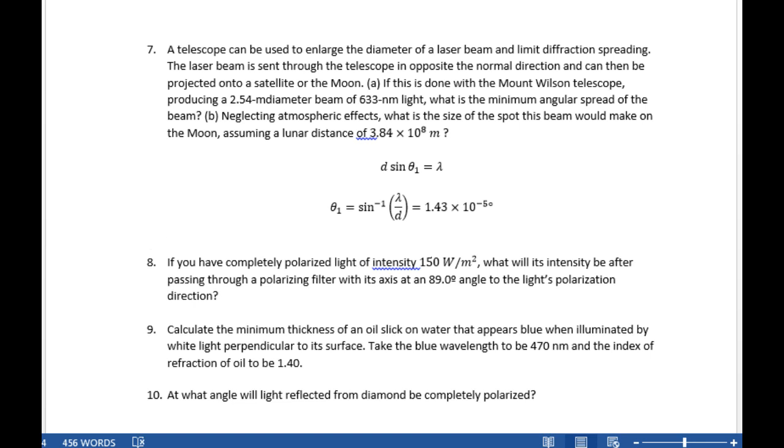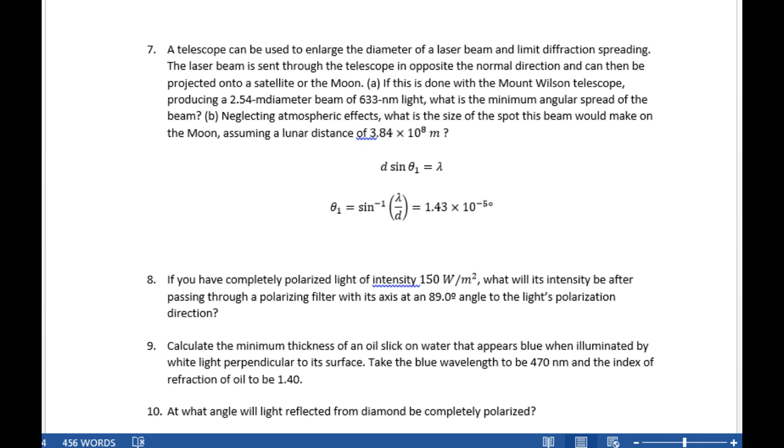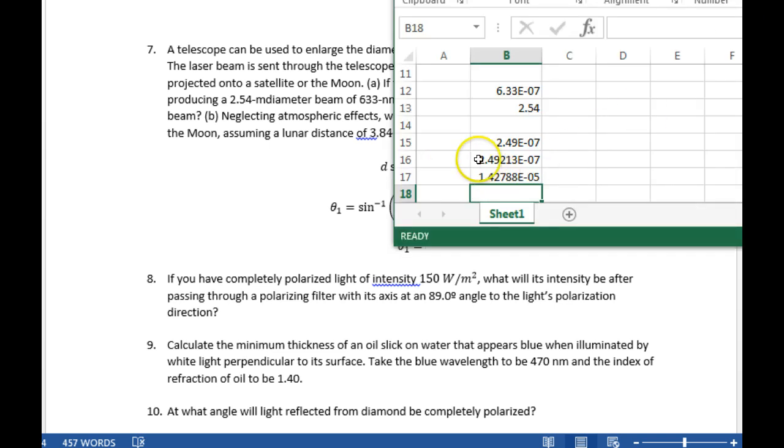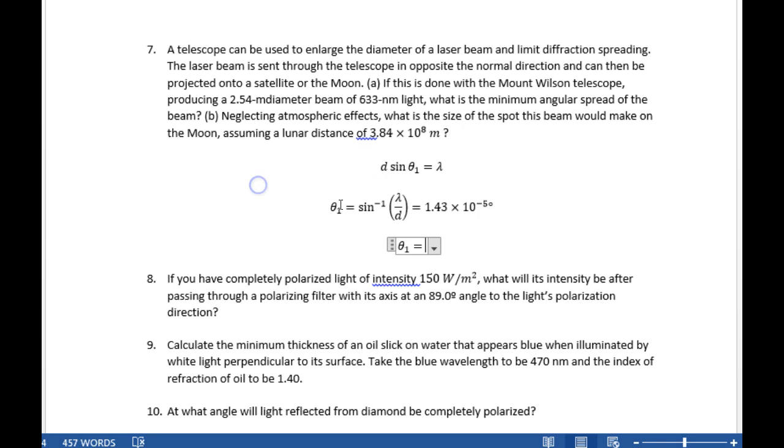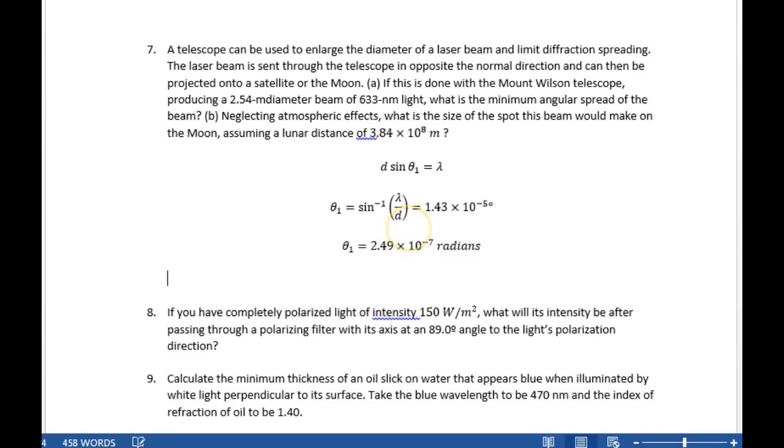Part B: neglecting the atmosphere, how big would the beam spot on the moon be? Well, for that, I'm going to go back to theta 1 in radians, which was 2.49 times 10 to the minus 7.